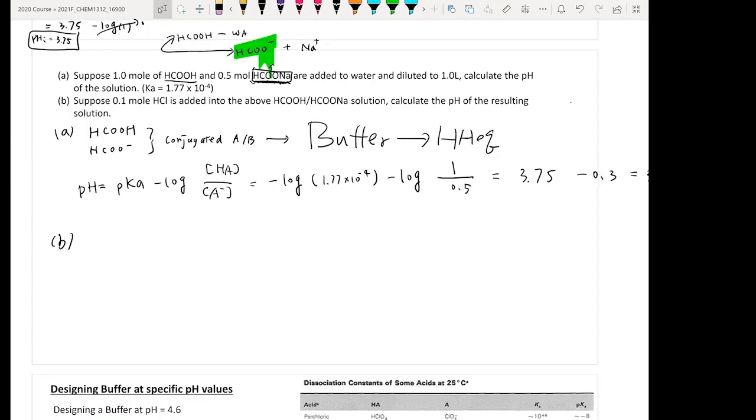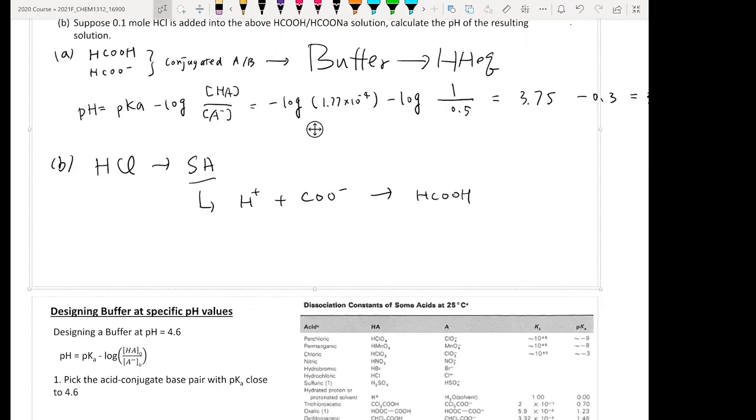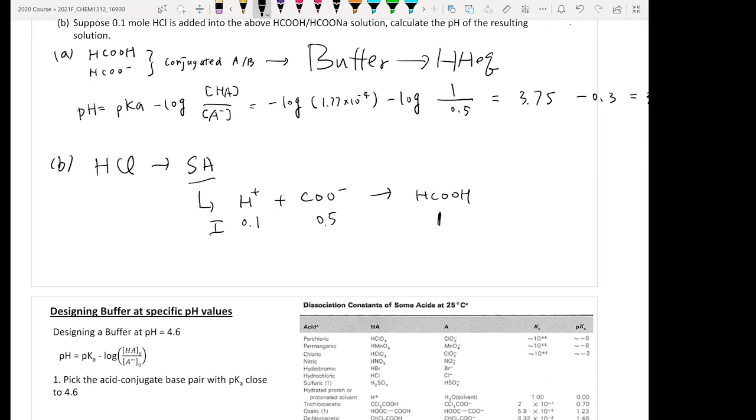Step number 2, you add in 0.1 mole of HCl. So this is a strong acid. I just write H plus, and it's going to interact with your A minus, in this case HCOO minus. That's going to give you HCOOH, right? So right now, initially you have 1 N of your acid, 0.5 N of your base, and you add in 0.1 mole in a liter, that's 0.1 N of H plus.